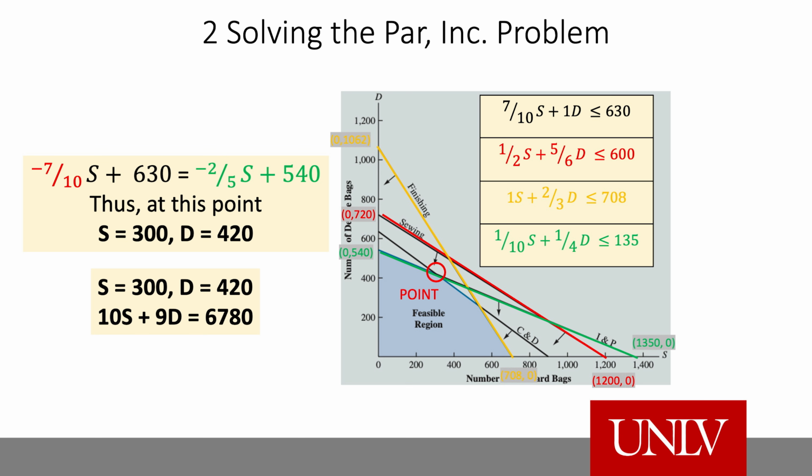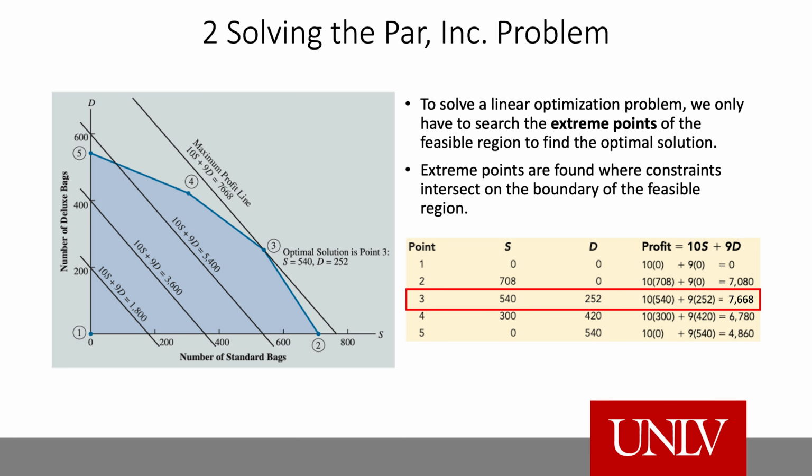What we will do is try to find the S and D at the points that can maximize the profit. As we move away from the origin, we see higher values of the objective function. Then we can find points 1, 2, 3, 4, 5. Those are the extreme points of the feasible region. We can obtain S and D by solving the pair of constraints that forms the given point as equalities.